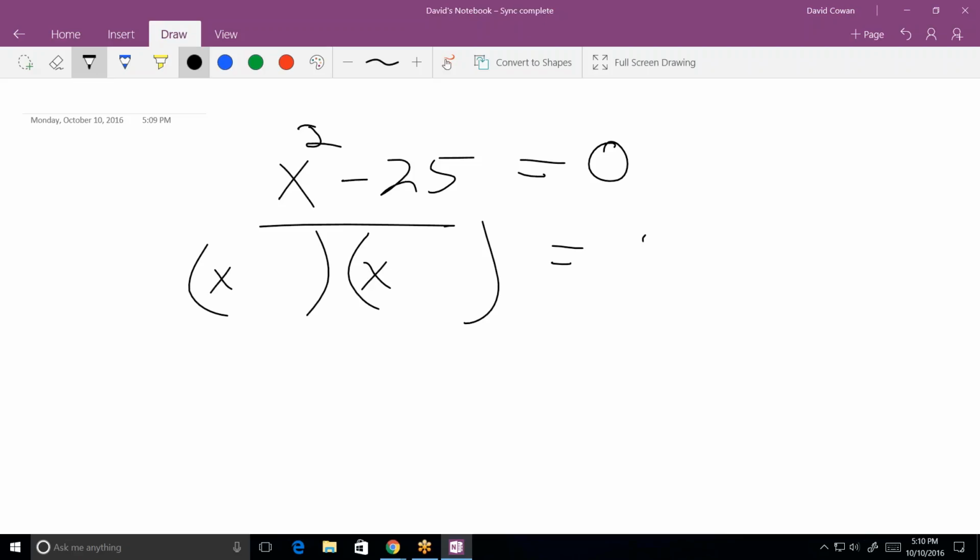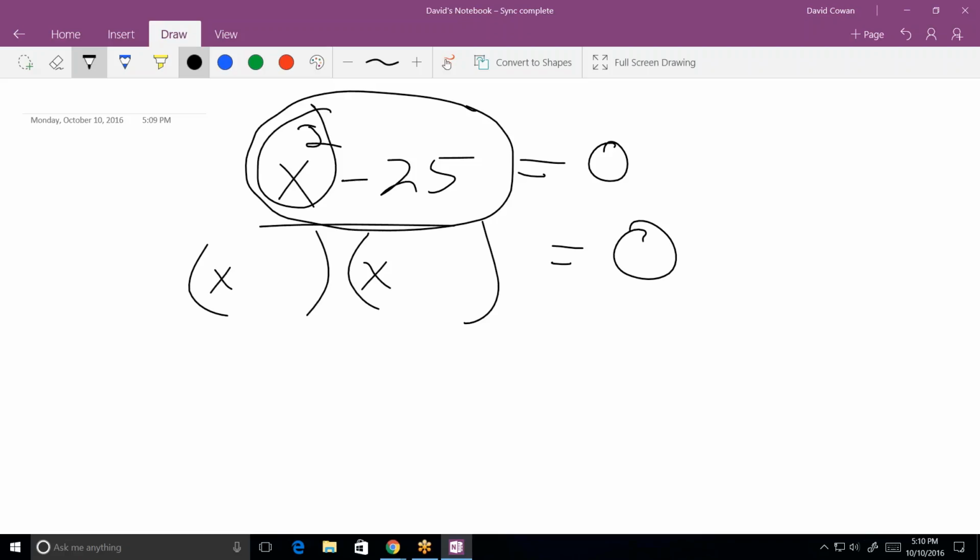Just factor it. How does the difference of perfect squares factor? Notice that's a perfect square, that's a perfect square, and they're being subtracted from one another. That's why it's called the difference of perfect squares. Well, it factors into x minus 5 times x plus 5.